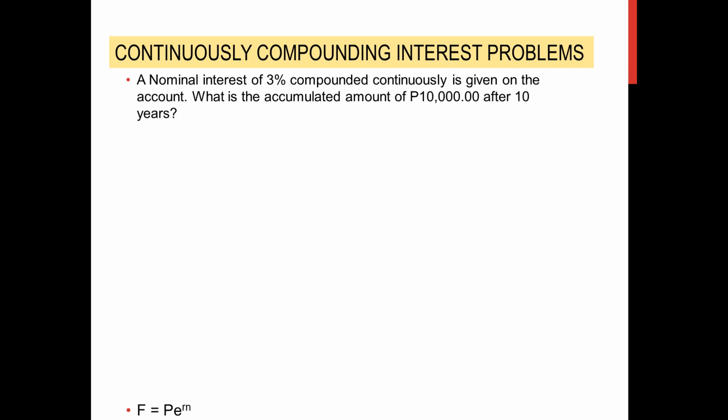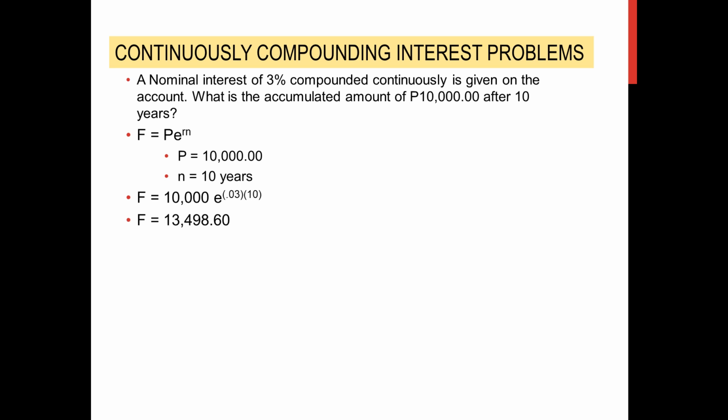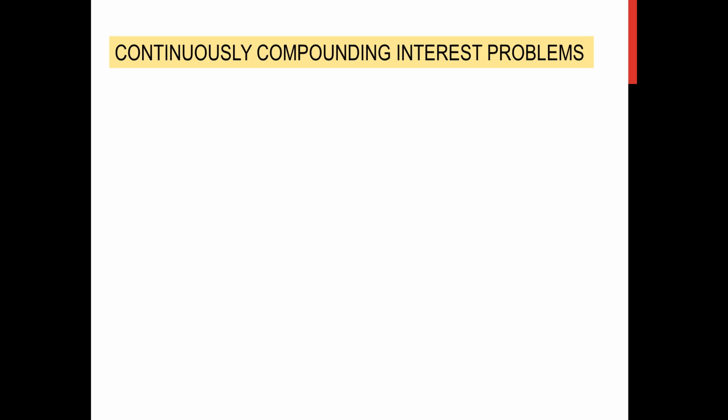Of course, it is present. Then the number of years is 10 years. We just have to directly substitute in the formula. Then we will have this value. F is equal to 13,498.6.